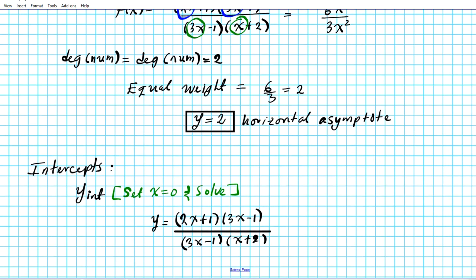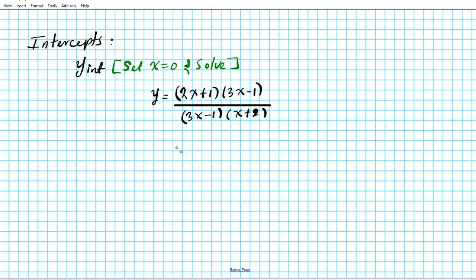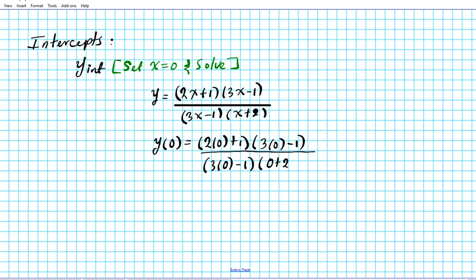Okay, so to find the y-intercept, we are setting x to 0, so basically what we're doing is evaluating the function at x equals 0. So we're going to have 2 times 0 plus 1 times 3 times 0 minus 1, divided by 3 times 0 minus 1 times 0 plus 2.